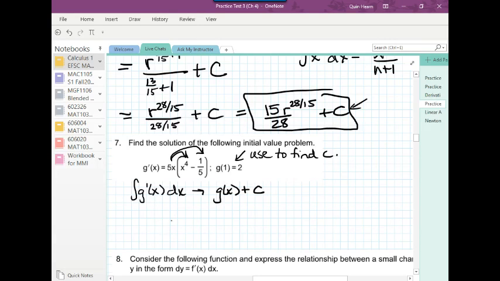The stuff here is called the integrand. Okay, and if you get that back, then you know that you integrated correctly. All right. Okay, next problem.